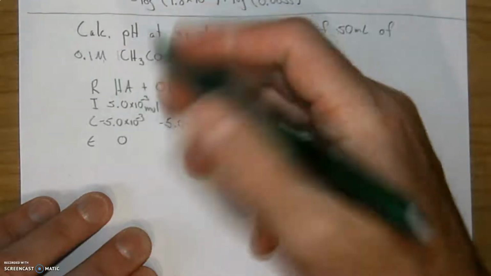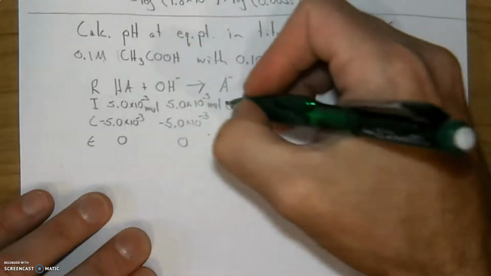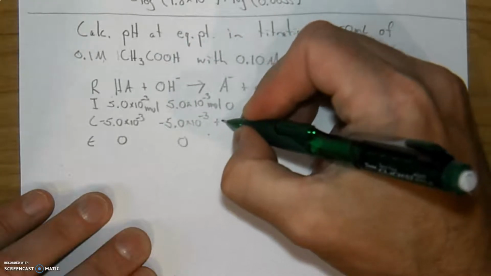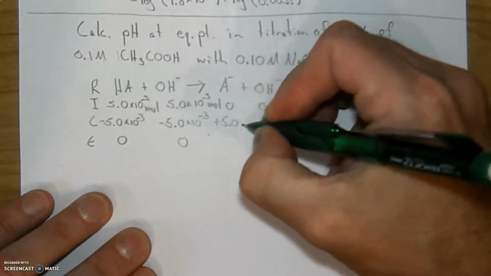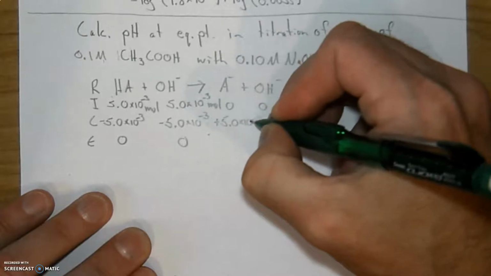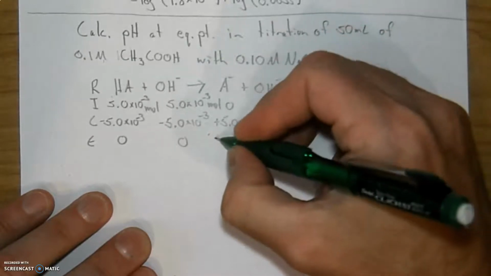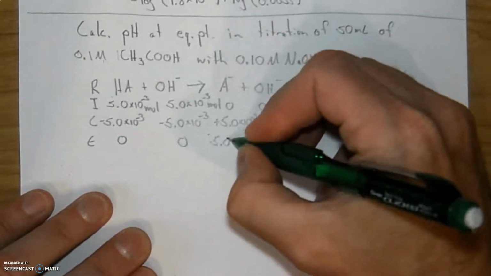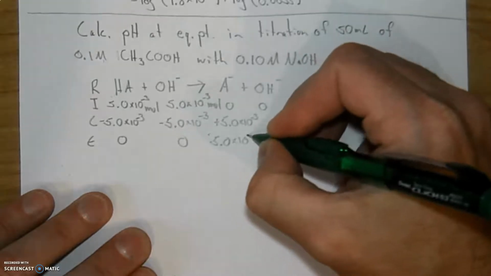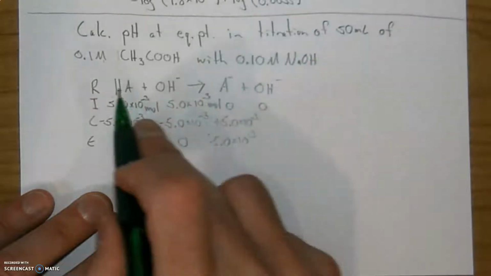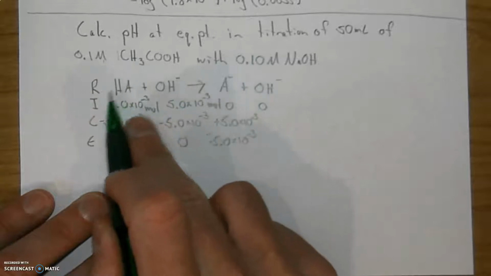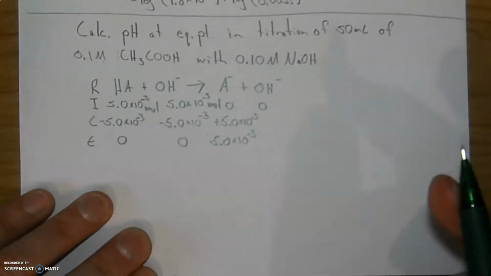So it's gone 100%, and that is equally added to the base, the conjugate base. And there it is. So at the equivalence point, both of these species are 100% gone, and all of it is transferred over to the base.